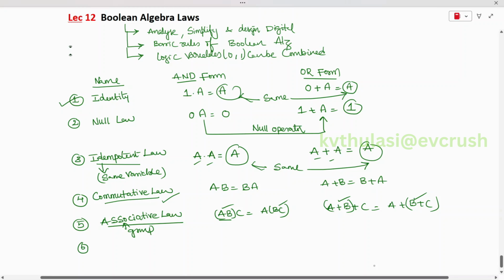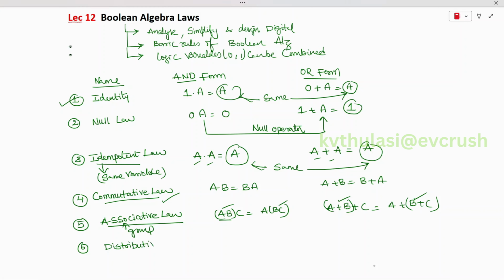Coming to the sixth law, the distributive law. What does distributive law mean?